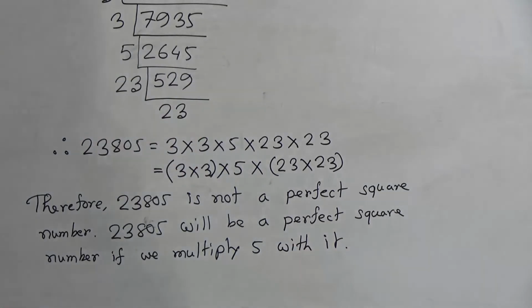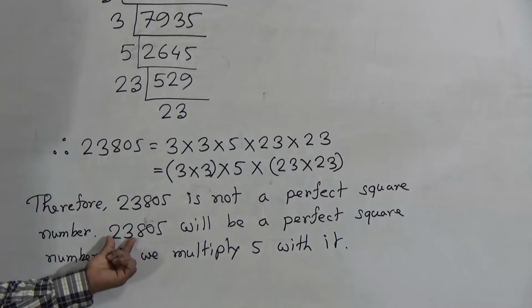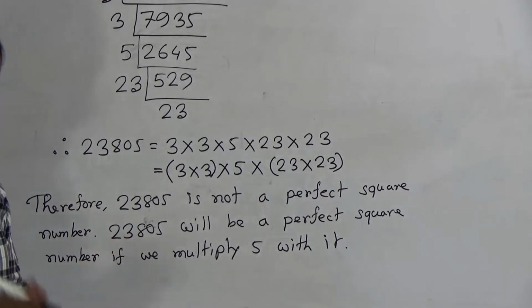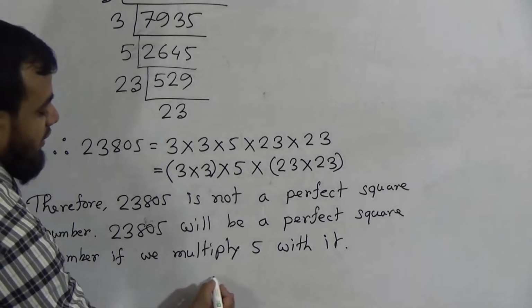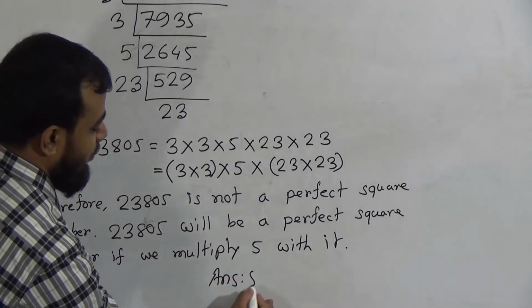That means if we multiply 5 with 23,805, then that whole number will be a perfect square number. That means the least number is 5. Okay, the answer will be 5.